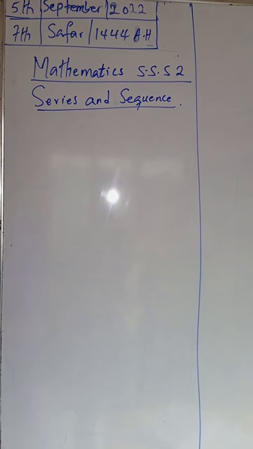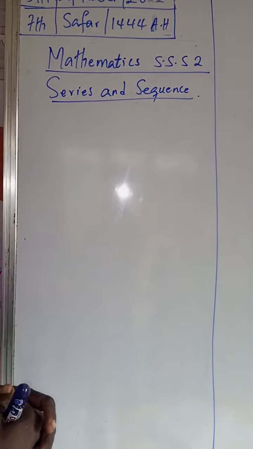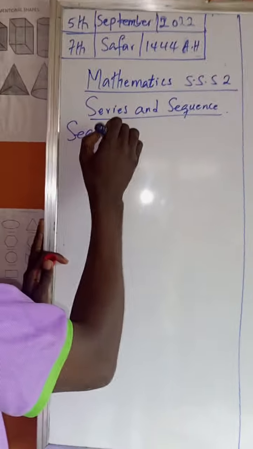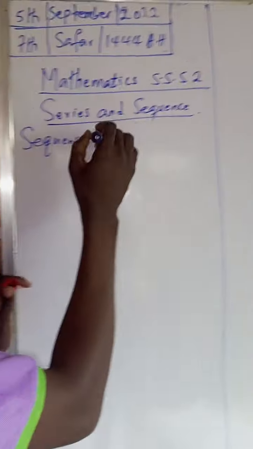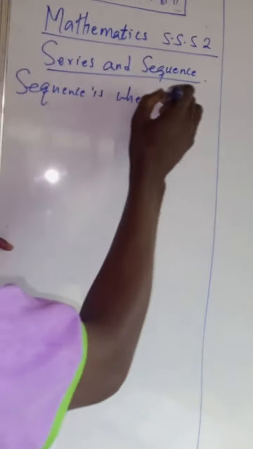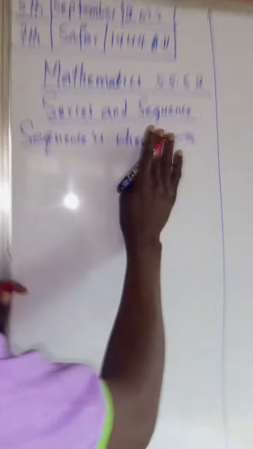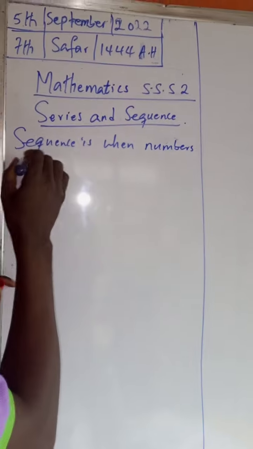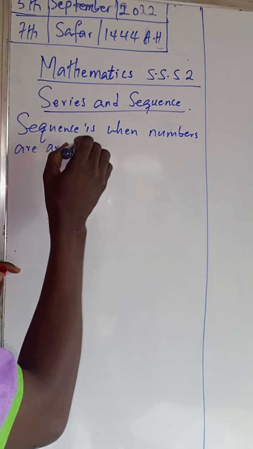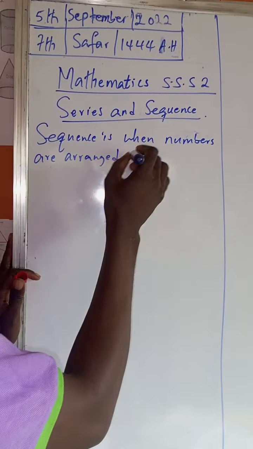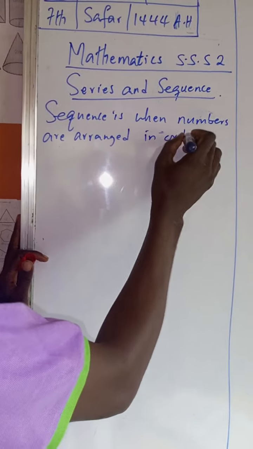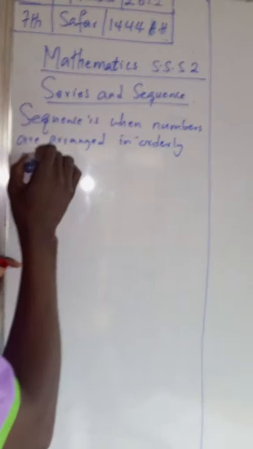Now, what is sequence? Sequence is when numbers are arranged in an orderly manner.